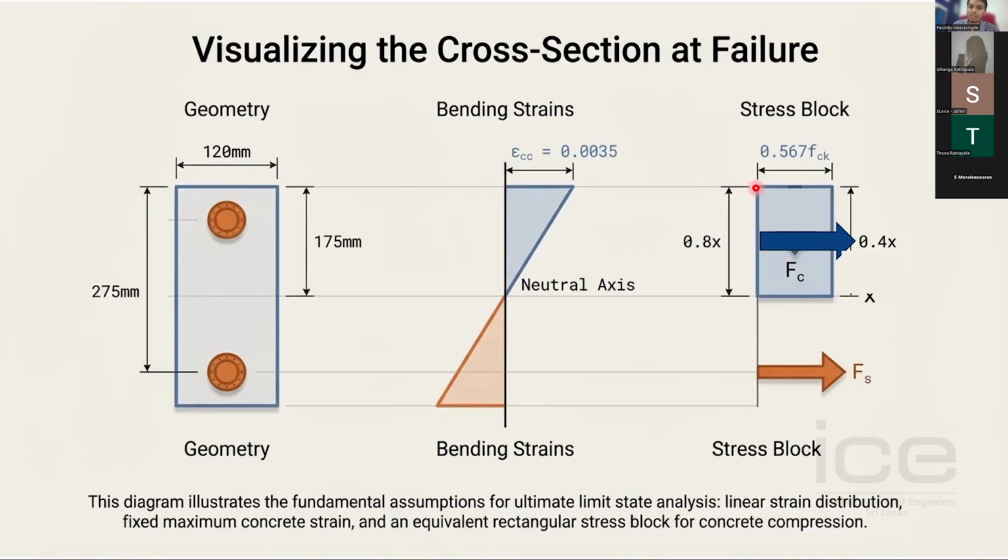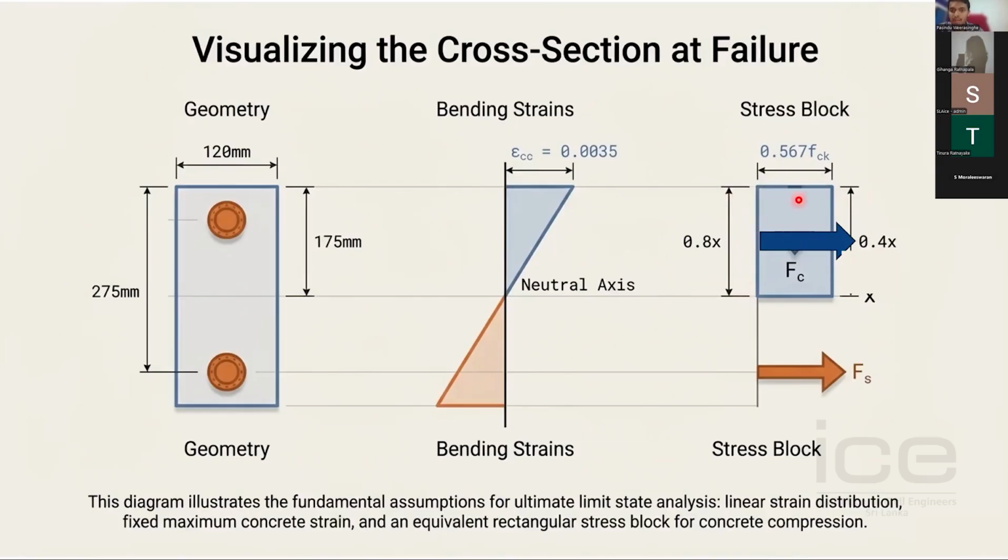And here the concrete in failure is assumed to behave like a rectangular stress block, where if this is the neutral axis, it is 0.8 times the neutral axis depth and the resultant compression is acting at 0.4 times x distance, half of this. And if you know the grade of concrete, you can find the failure stress of concrete. So failure stress multiplied by this distance, sorry, you know the area: the distance multiplied by the width of the beam.